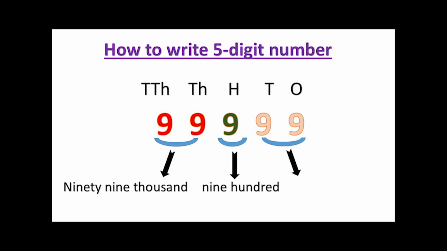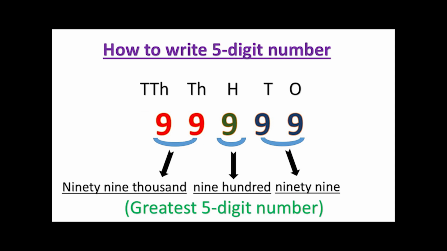The second part will be 900. And the third part will be 99. So write there 99. So the number name of this number is 99,999, and it is also the greatest 5-digit number.